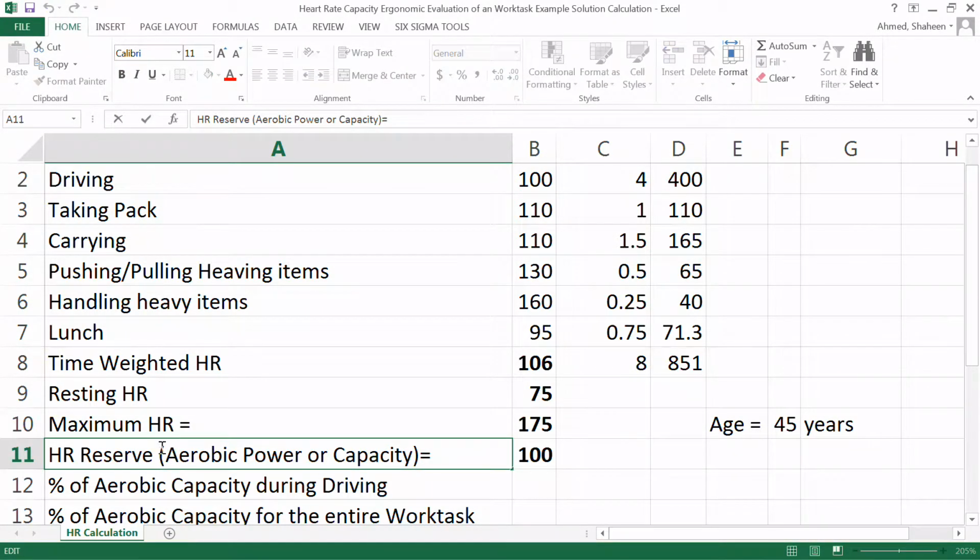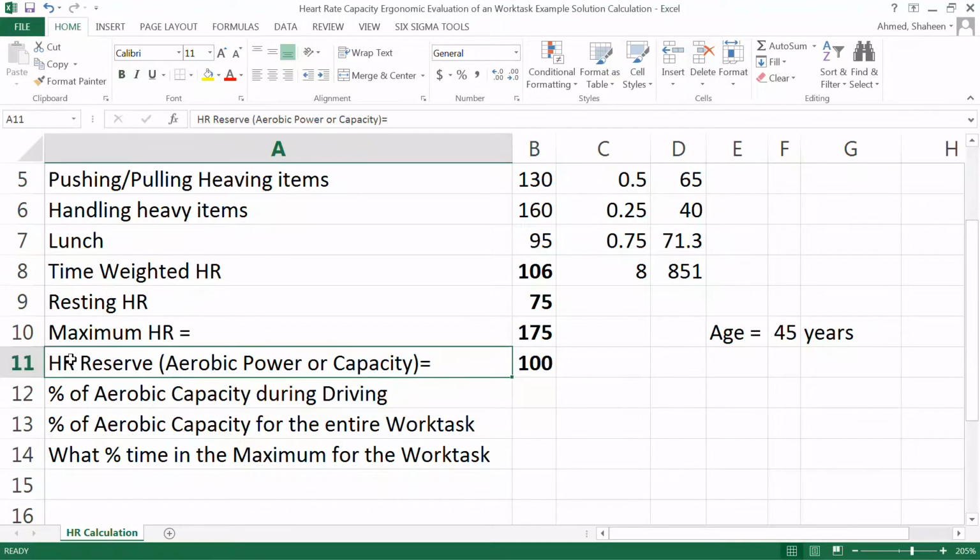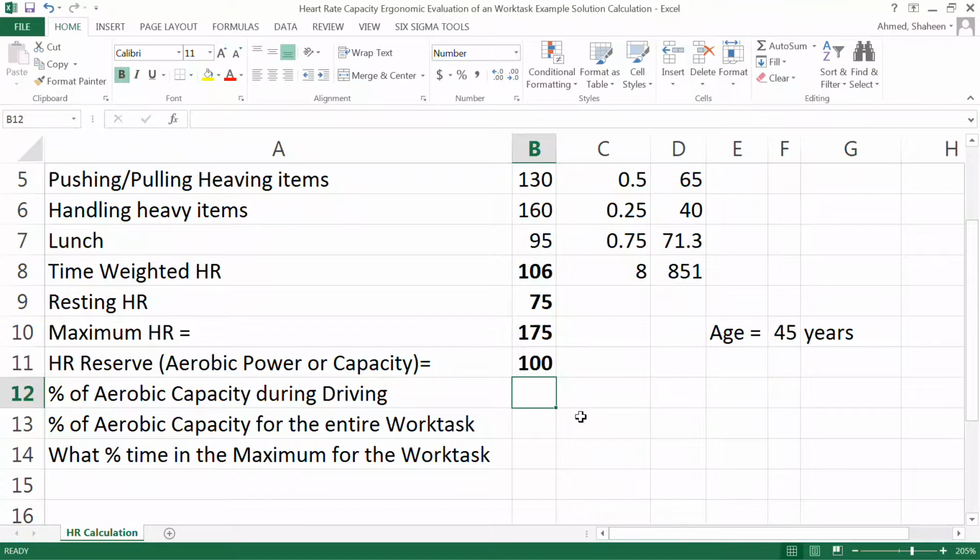For the purpose of this exercise or ergonomics, we can actually call this aerobic power or aerobic capacity. However, the most accurate term would be heart rate reserve. There is a video on that too, to understand the difference between aerobic power capacity and heart rate reserve. In this example, they can be considered kind of the same.